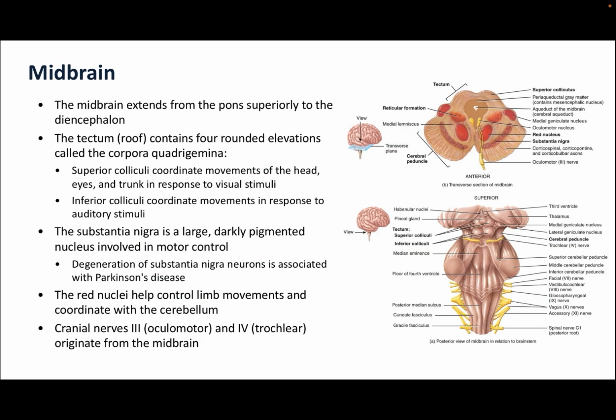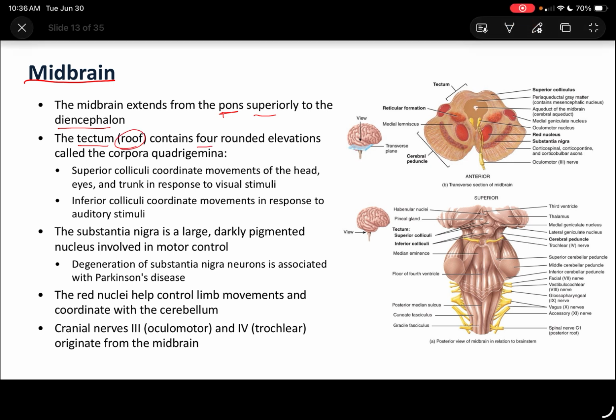And then finally, our final portion of the brainstem is going to be the midbrain. And this is going to extend from the pons up superiorly all the way to that diencephalon. Now, within this is going to be something called a tectum, which basically means a roof, right? And this is going to contain these 4 rounded elevations that are called the corpora quadrigemina, all right?